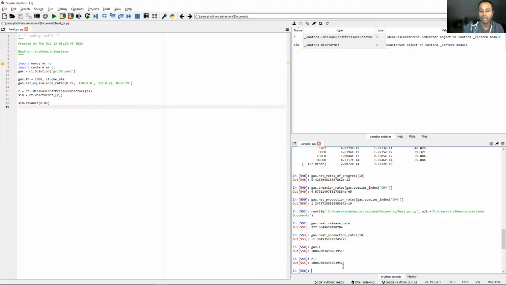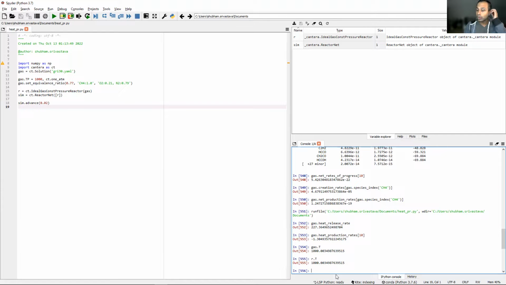But now, if we were to add it all, so each reaction has its own heat release, right?